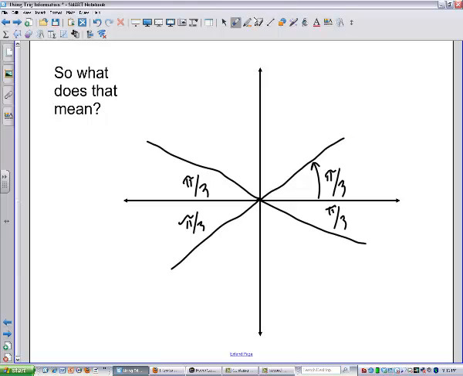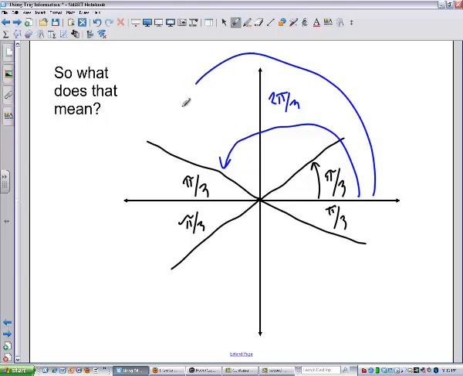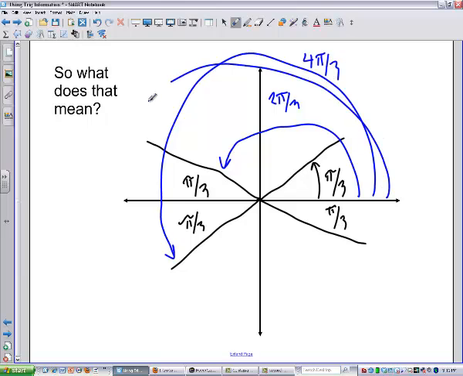If I'm going all the way around to the second quadrant, let's get a different color pen, then really my big angle is 2 pi over 3. And then if I go around to the third quadrant, this becomes a 4 pi over 3. And if I go to the fourth, this angle right here, that becomes a 5 pi over 3.